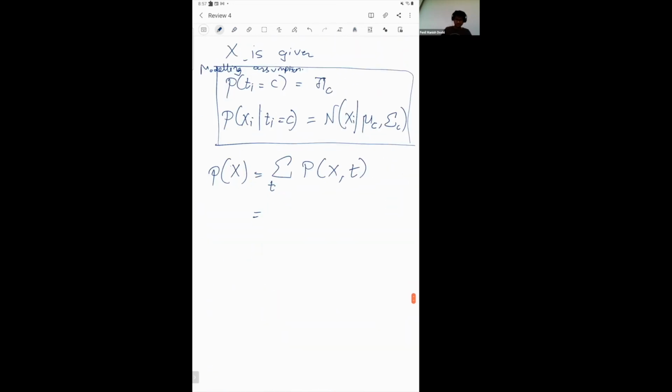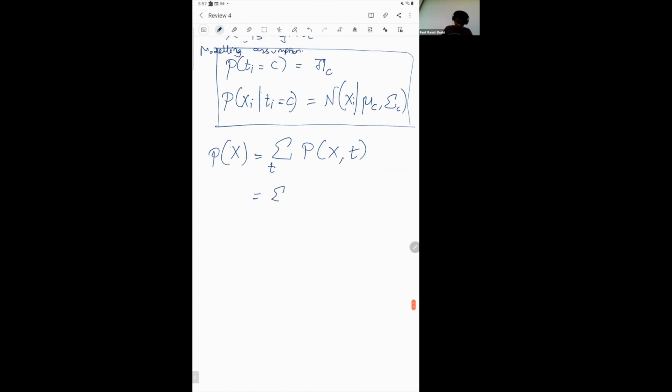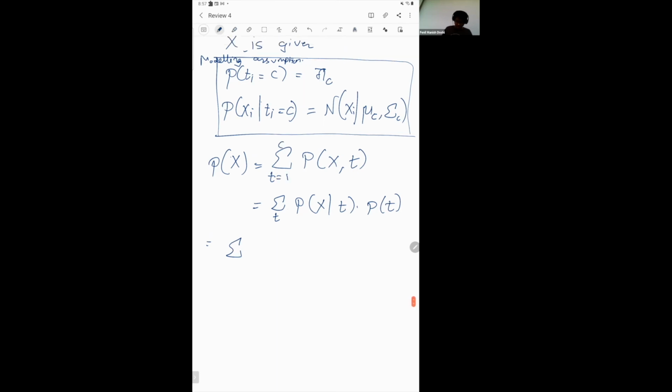Generally, if T is discrete there would be a summation, and if it's continuous, then we would integrate over it. The possible values that T can take are 1 to C, as we saw.